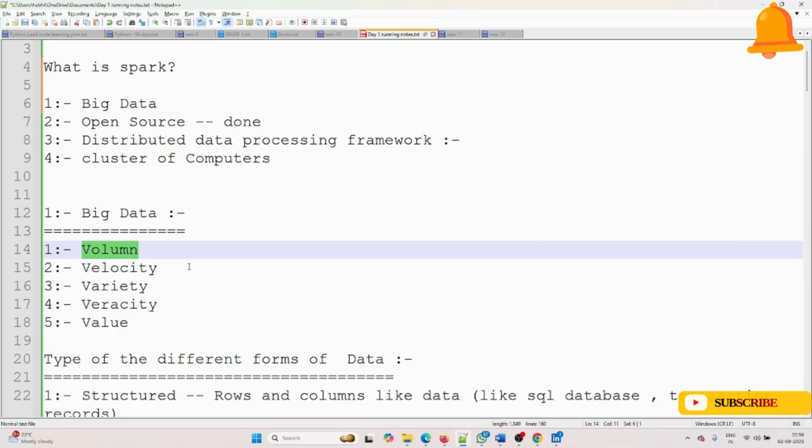Self-driving car sensor data means the car continuously collects data from cameras, radar, and GPS. Instant processing is required, meaning the data must be processed in milliseconds to detect pedestrians and traffic signals.